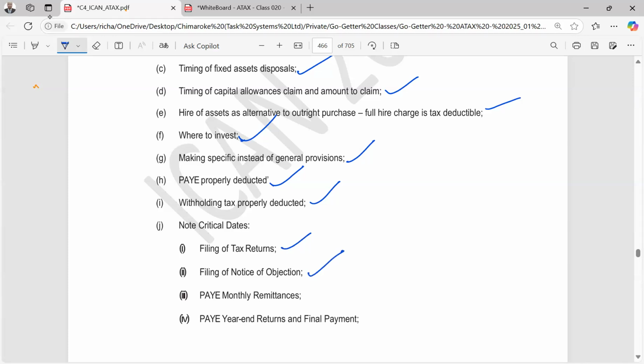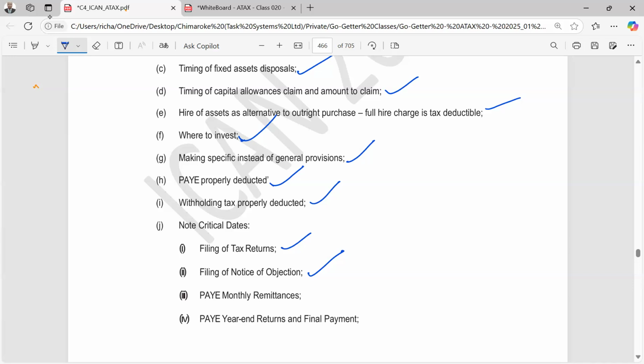Filing of objection: what we learned about objection is 30 days from the date of receipt of the notice of assessment, file objection, and if there is a notice of refusal to amend, you file an objection to the Tax Appeal Tribunal.